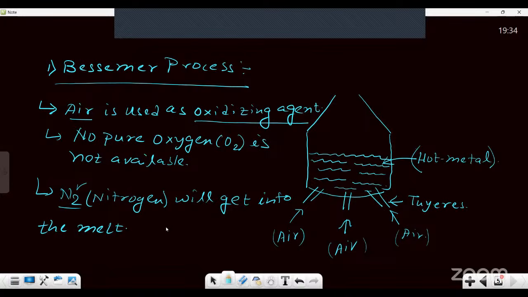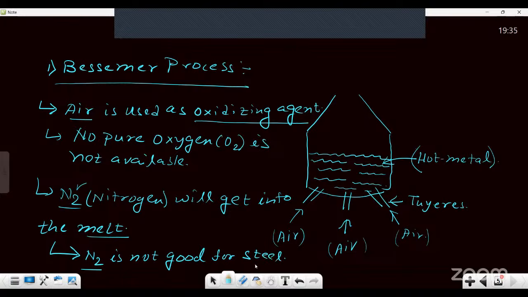Nitrogen is not good for steel. It makes the steel brittle. This is nitrogen inclusion. So nitrogen is not good for steel.